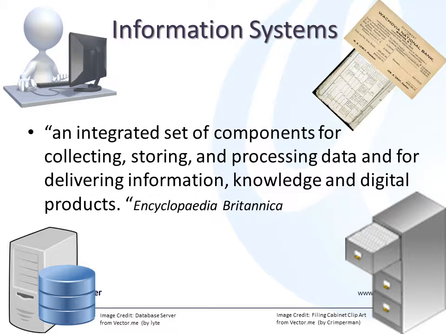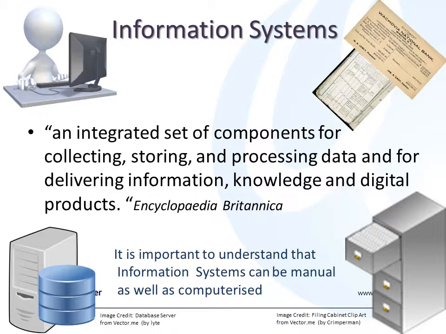It's important to understand that information systems can be manual as well as computerised. In other words, it may be that they haven't computerised their information system, but they have a manual system. So the amount of people that say, actually, we haven't got a system. Oh yes, you have, because you're doing something in a particular way.